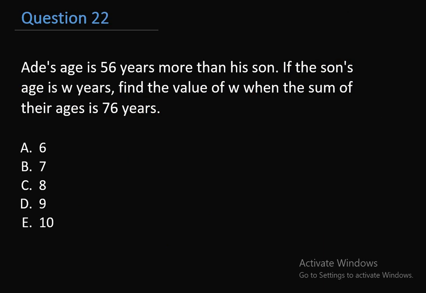Question 22. Ade's age is 56 years more than his son. So if Ade's son is x years, then Ade will be 56 more than this, x + 56. Now, if the son's age is w years, find the value of w. So instead of using x, let me just use w.